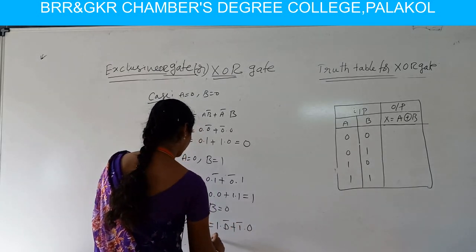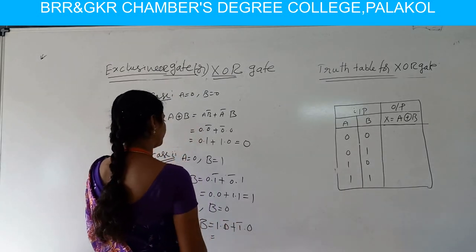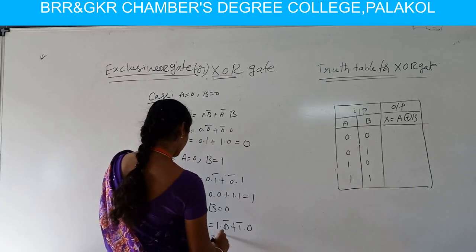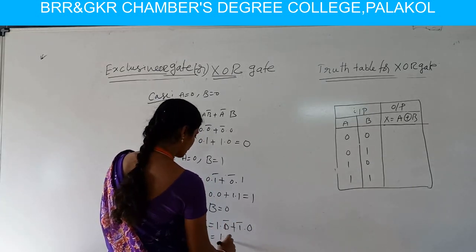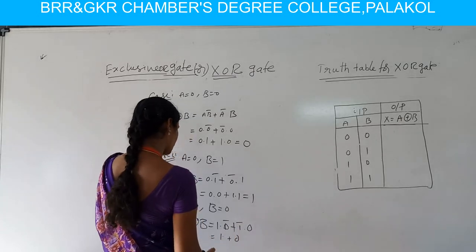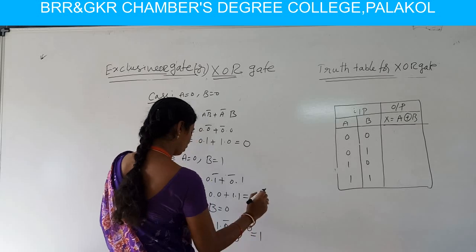So 0 bar means 1, so 1 dot 1 plus 1 bar dot 0, which gives 1 plus 0, so we also have 1.